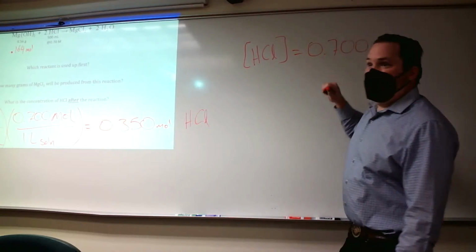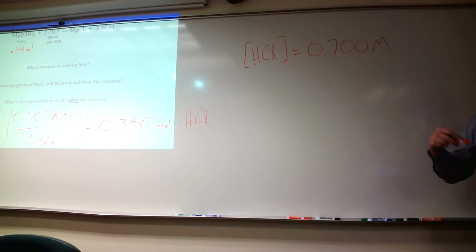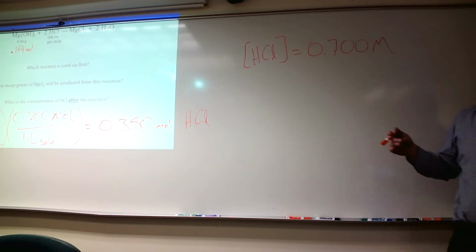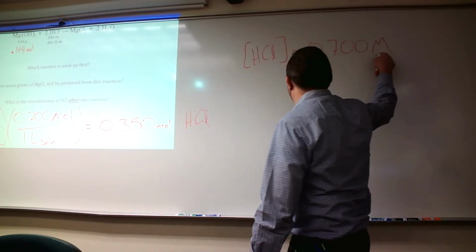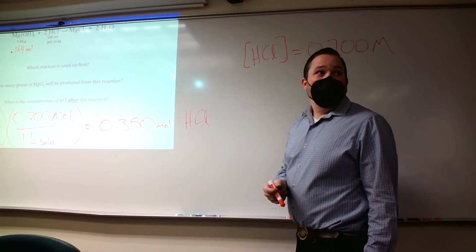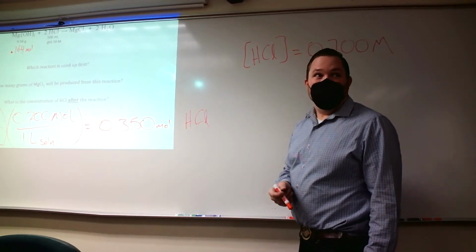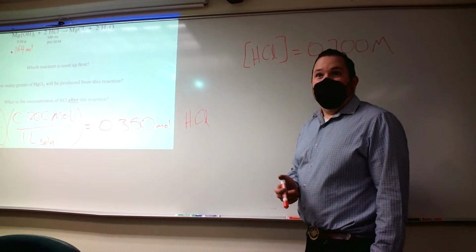In the abbreviated form of moles per liter, when we're saying it out loud, is molar, like a tube. So we'd say it's 0.700 molar. And this is one where, again, capitalization matters, because a lowercase m as a unit would mean meters.